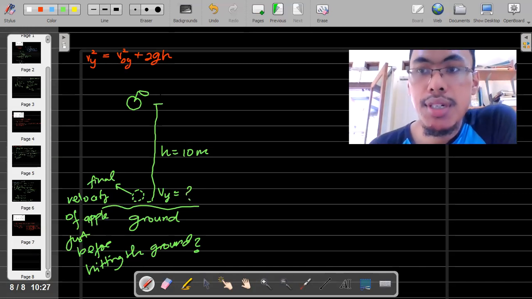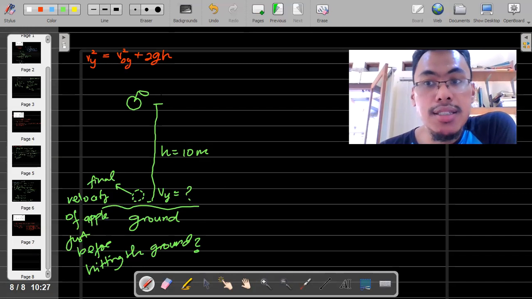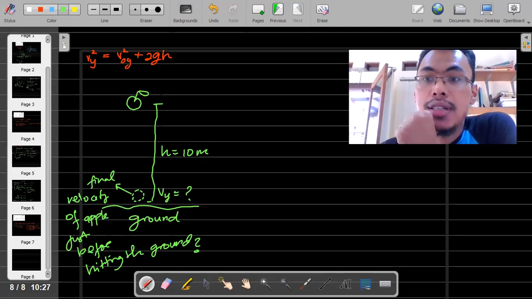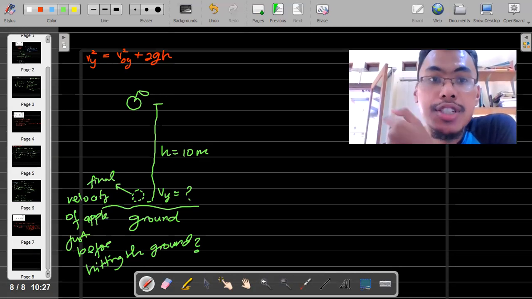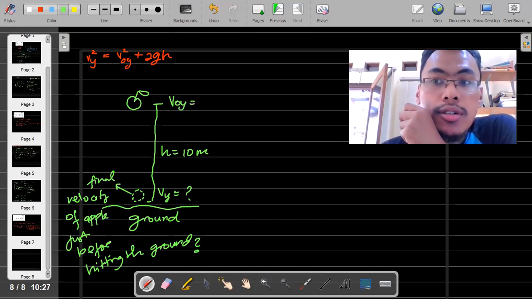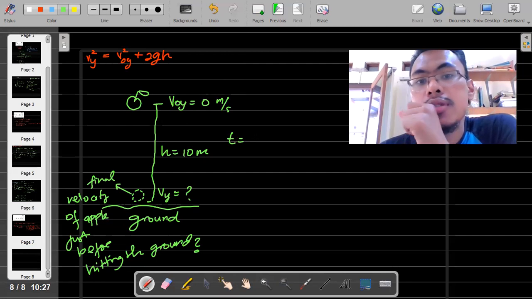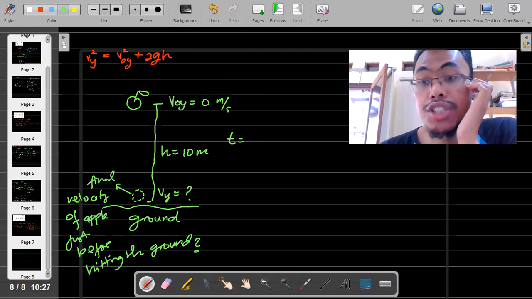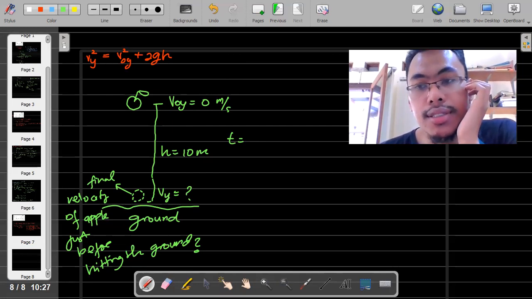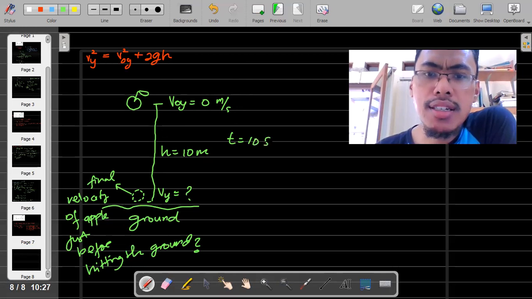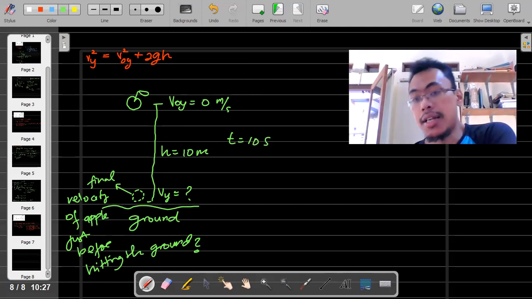And because there is not any initial velocity, let's say the apple moves from a static condition, the initial velocity of the apple is 0 meter per second, and the duration of the falling apple hitting the ground, let's say 10 seconds maybe. This is just a random number.